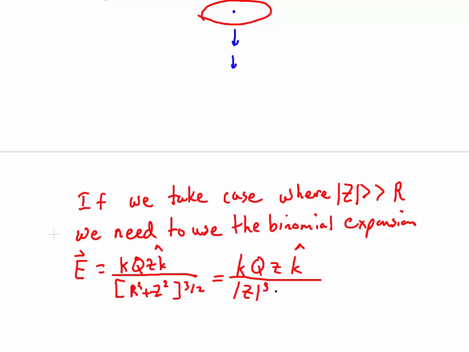And then on the bottom here, 1 plus r over z squared to the 3/2. Now, there is a sign here. If z is negative, this is going to point in the minus k direction. If z is positive, this is going to point in the positive k direction.